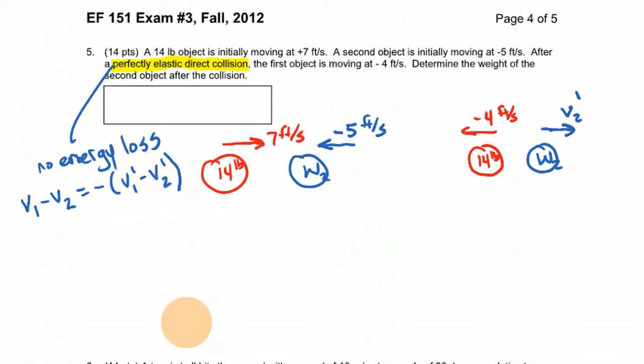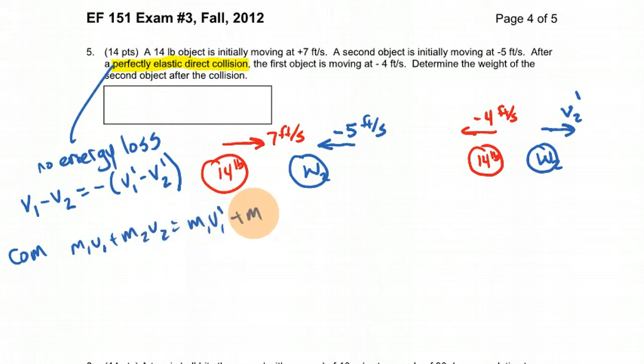Okay, so there's our second equation. This basically comes from conservation of energy combined with conservation of momentum. We also had our conservation of momentum, m1 v1 plus m2 v2 and so on. So there's our two equations, conservation of momentum and our relative velocity equation.